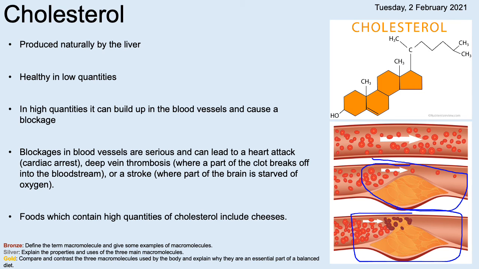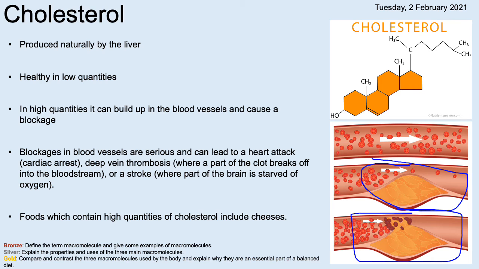So say that happened in the heart, it could cause heart disease, which means that part of the heart tissue is dead, so it doesn't work anymore. The same can also happen in the brain, and that is how a stroke happens. A clot goes into the brain and it kills off part of your brain, so you get a stroke.